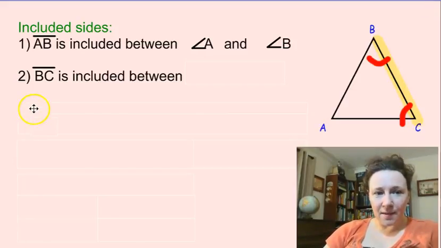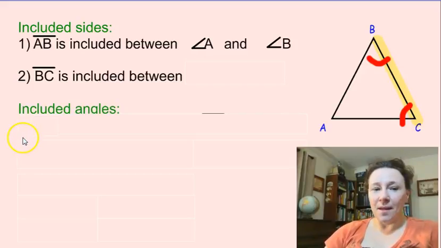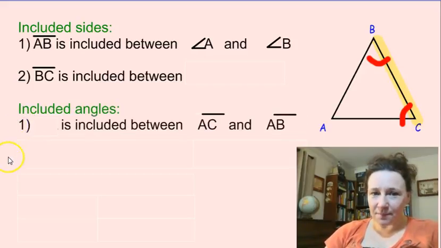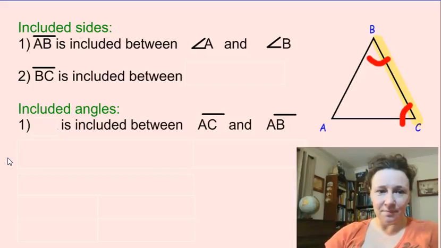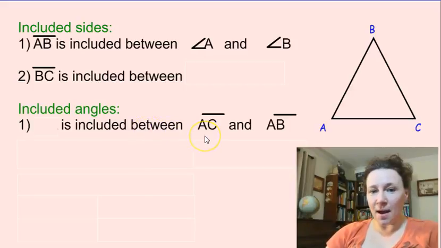Okay, now let's continue. This time with angles. Something is included between sides AC and AB. Let's identify those sides, AC and AB.